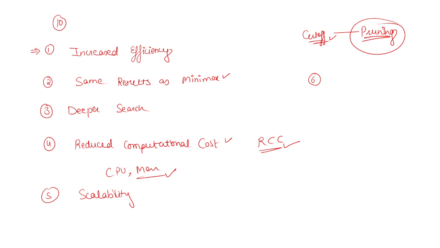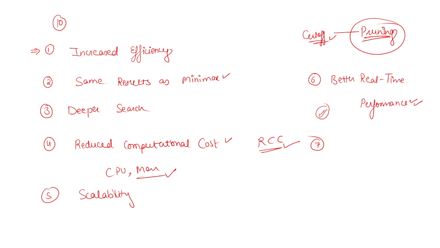The sixth benefit can be its better real-time performance. For games with time constraints like online chess, etc., alpha beta pruning ensures the AI can make decisions quickly without sacrificing quality. We want decisions very quickly and we cannot compromise on the quality of the results, right?